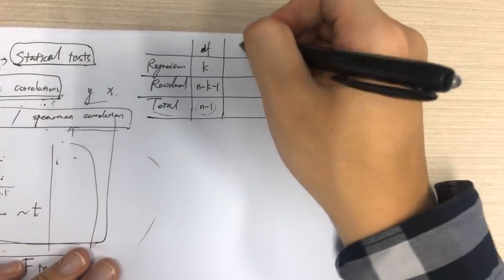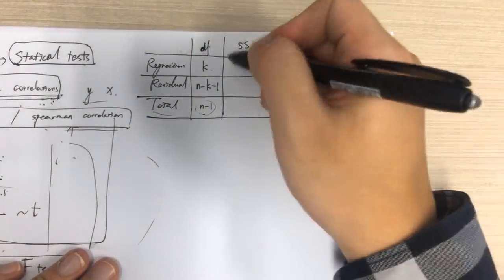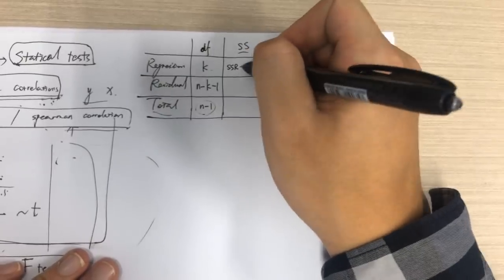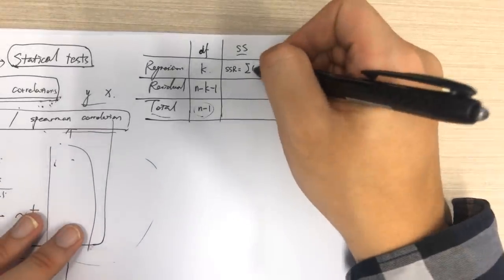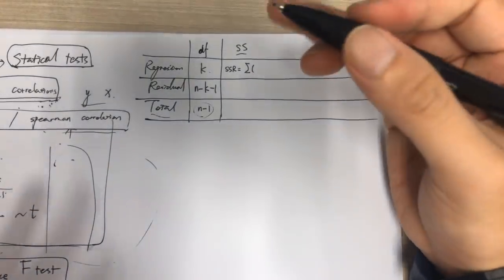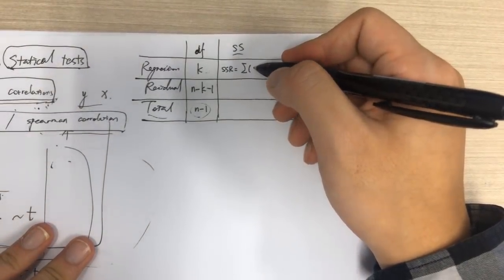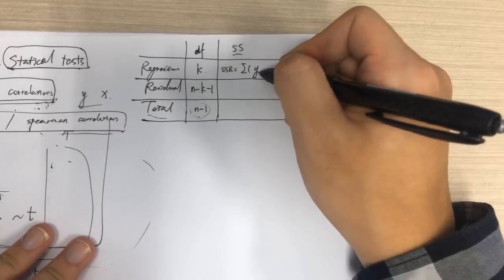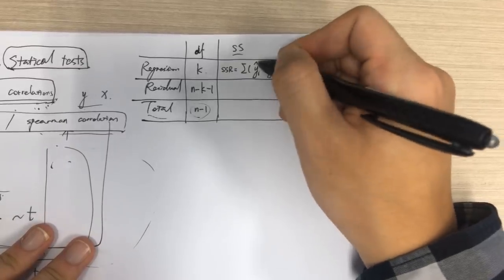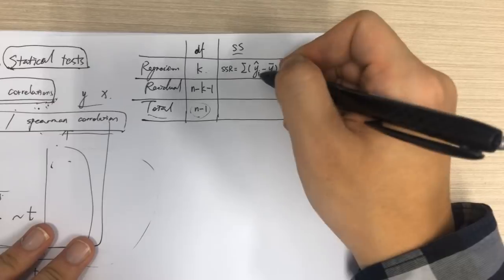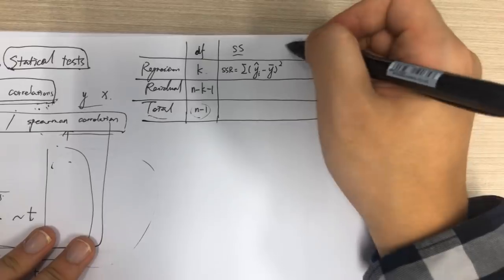The second column is asking us for the sum of squares. So the sum of squares of regression is SSR, right? You probably don't need to memorize the formula, but you need to at least know what SSR stands for. SSR is the total variation explained by the model. When we talk about explained, it should be how y hat varies from y bar, right? So y_i hat minus y bar, squared and summed, is SSR.